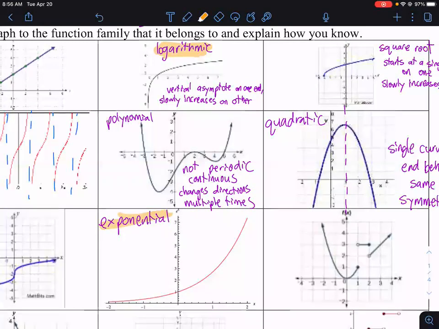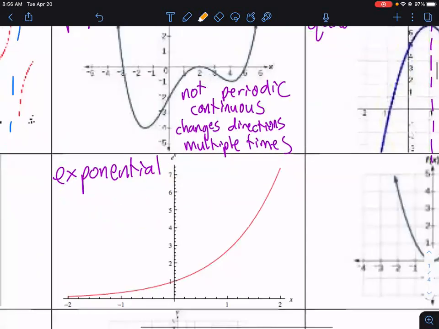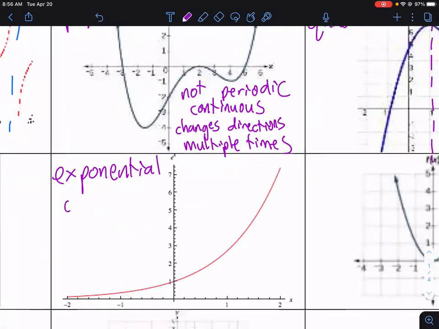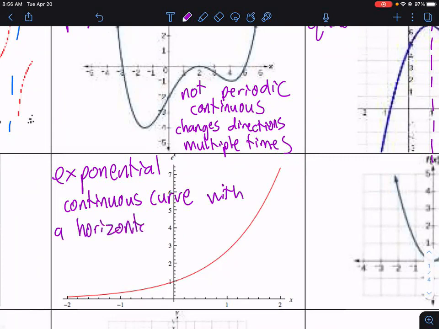So while exponential has a horizontal asymptote, logarithmic has a vertical asymptote. Okay, so again, I'll say that this is a continuous curve with a horizontal asymptote on one end.